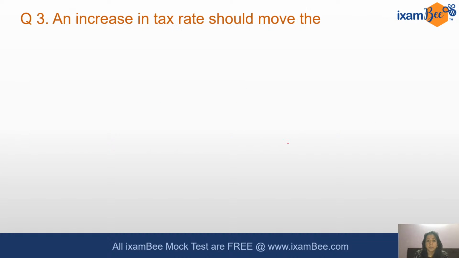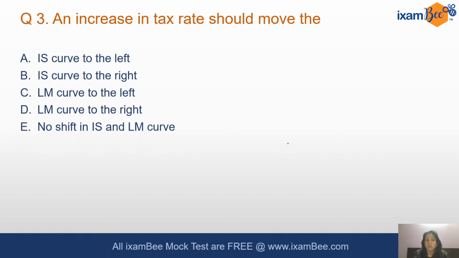So coming to the next question: an increase in the tax rate should move which of the following? The IS curve will move to the left, the IS curve will move to the right, the LM curve will move to the left, the LM curve will move to the right, or there will be no shift in the IS and LM curves.